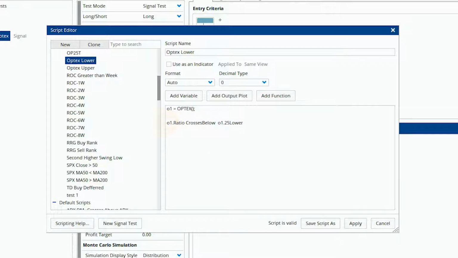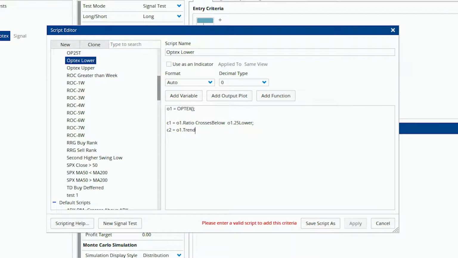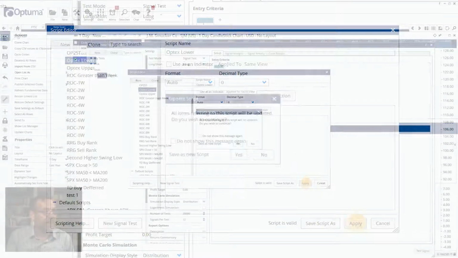So I'm going to make condition 1 equal that, and condition 2 equal O1.trend, which we built into the tool, is greater than 0. And then I can just say C1 and C2 and hit apply to that.